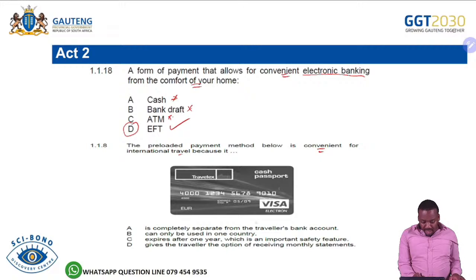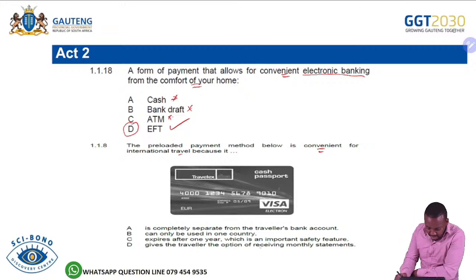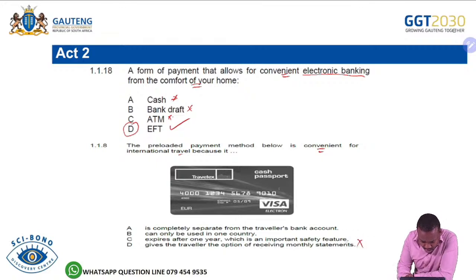Because it is completely separate from the traveler's bank account, it can only be used in one country. It expires after 1 year, which is important. It gives the traveler the option of receiving a monthly statement. Incorrect. It expires. Correct.